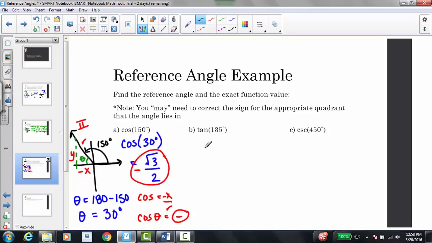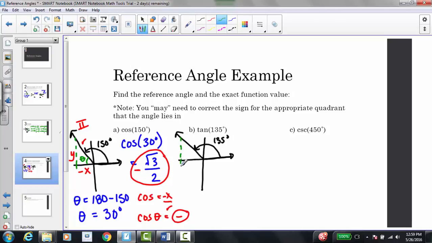Our second problem says the tangent of 135 degrees. So again, the first thing I'm going to do is draw my picture. 135 degrees is again between 90 degrees and 180 degrees. So drawing my angle in standard position, this is approximately where 135 degrees is located.